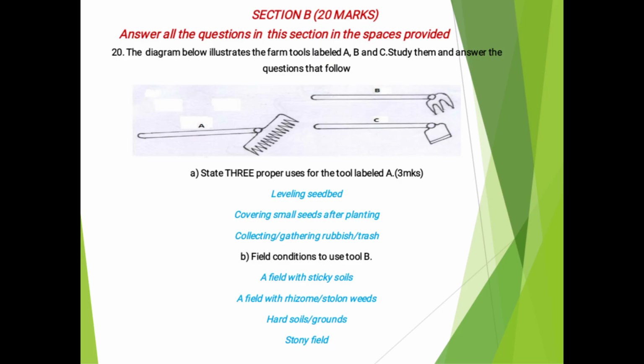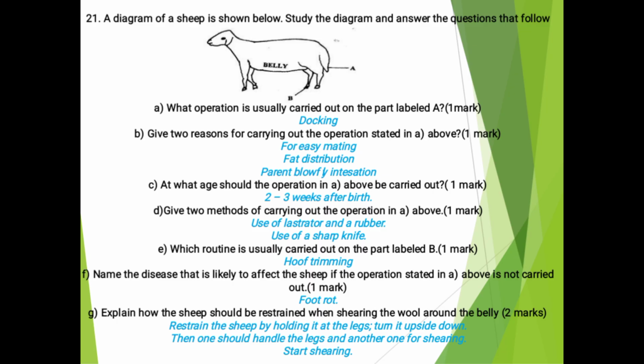It requires a fork. And then when working on hard soils, you also require a fork. Or when the field is stony, meaning there are so many rocks and stones, that one will make you require a fork.